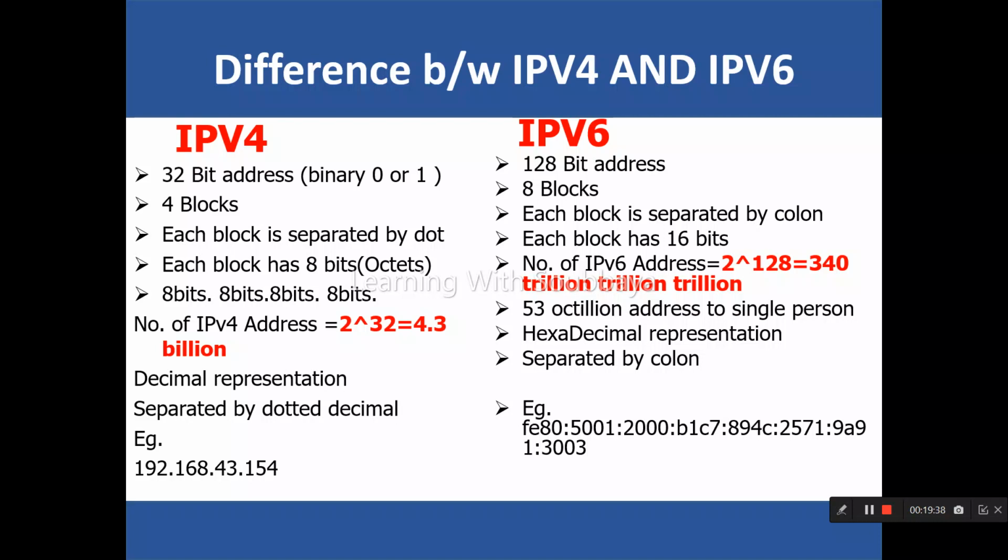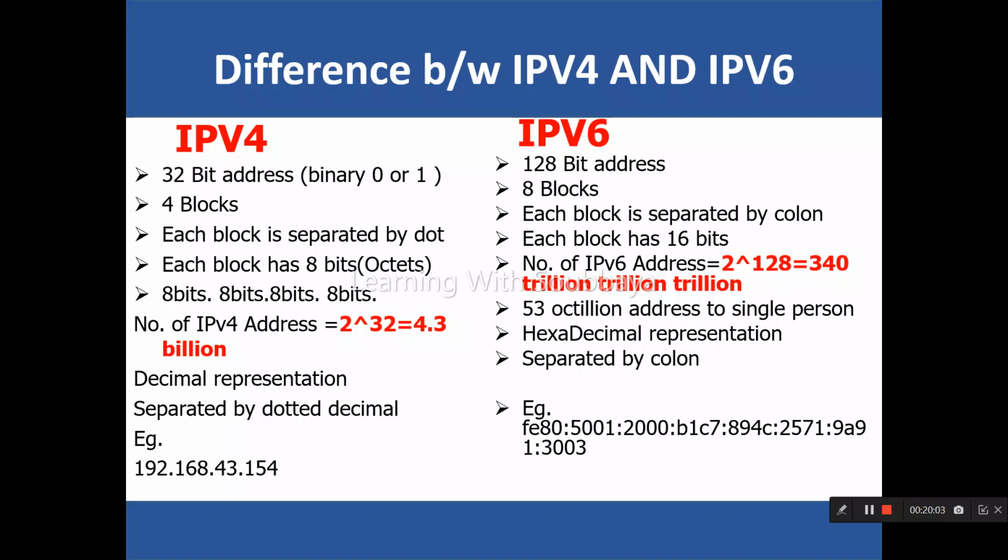Each octet consists of 8 bits. That means 8 bits, dot, 8 bits, dot, 8 bits, dot, 8 bits. Each block or octet has 8 bits.